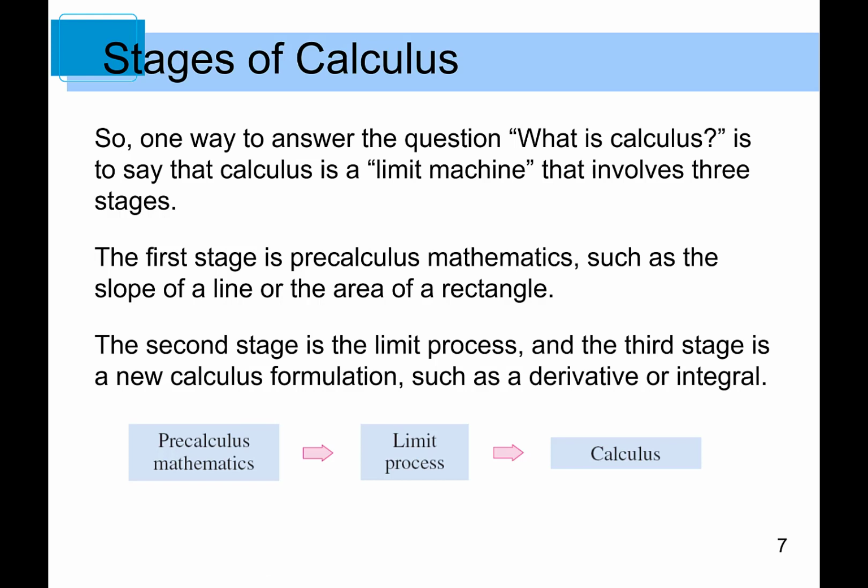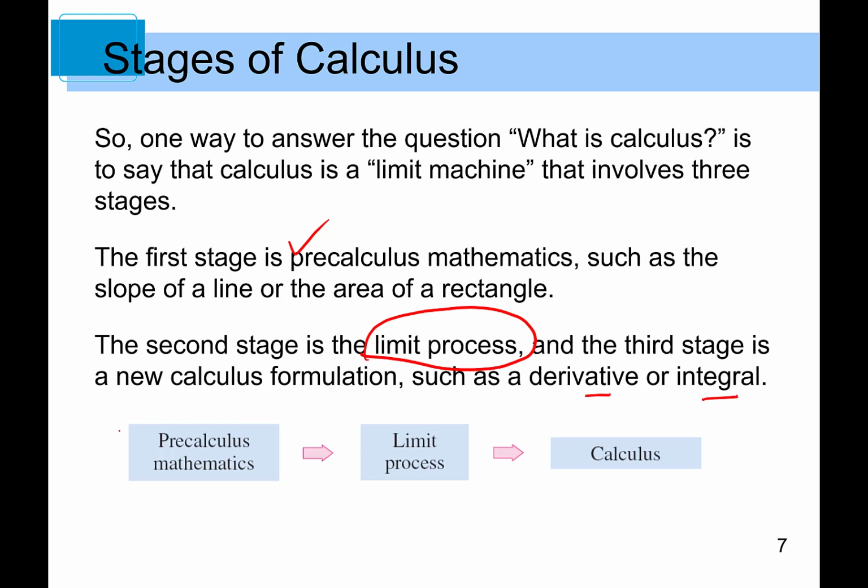So one way to understand what calculus is, is through the limit. The first stage is you need to understand the pre-calculus mathematics, such as the slope of a line or the area of a rectangle. The second stage is the limit process. And the third stage is the new calculus formulation, such as the derivative or integral.